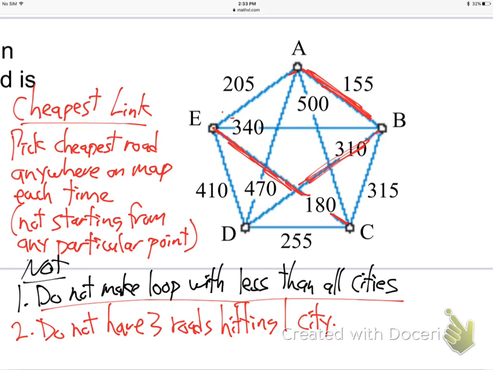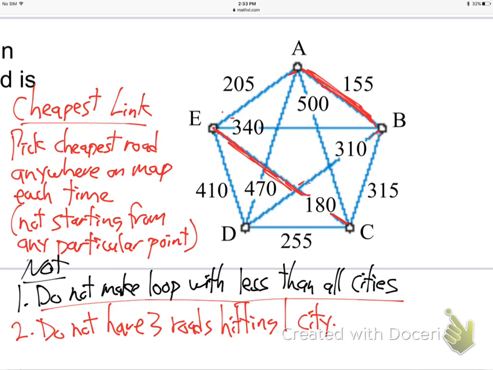I would never want to pick those 2, for example, because that would be 3 roads hitting B. That's never going to work for a final map. When you're done with the loop, you just have 2 roads hitting a city, the one coming in, the one going out. Not 3. So as long as you avoid those 2 no-nos, don't make a loop too early with less than all the cities, and don't ever pick 3 roads hitting one city, just keep picking.